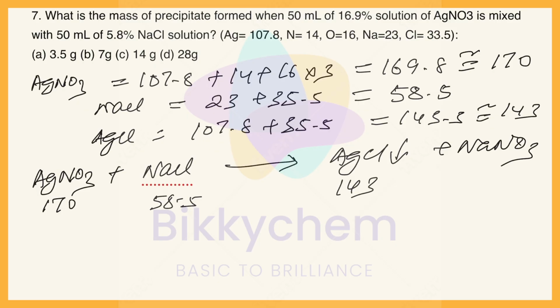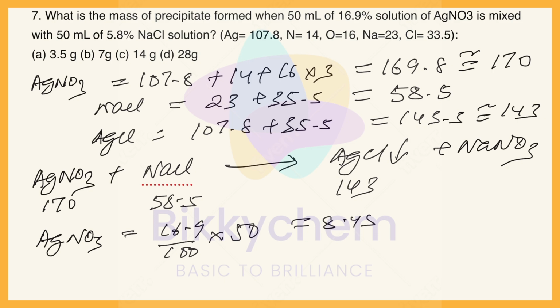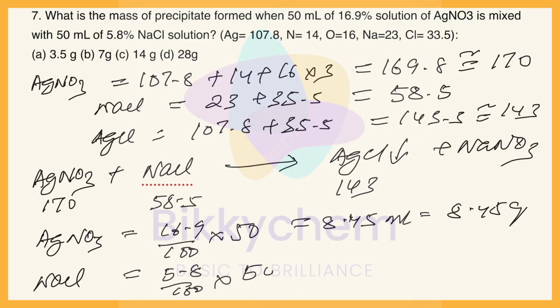Okay, so the actual amount of AgNO3 as per the given question is 16.9 divided by 100 into 50, which is equal to 8.45 gram. Similarly, NaCl is 5.8 divided by 100 into 50, which is equal to 2.9 gram.